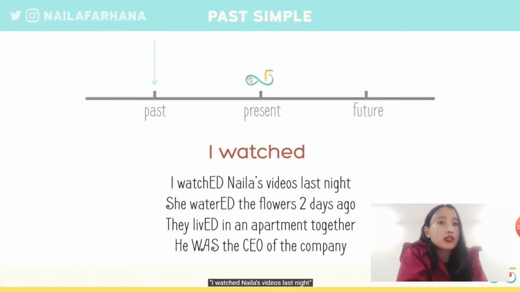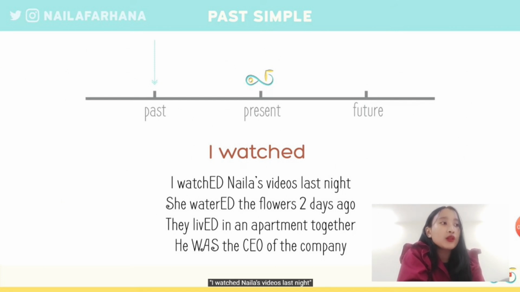Now, what is the difference between simple past tense and present perfect tense? Of course, it's really different. Take a look at this diagram of simple past tense. Simple past tense is only talking about something that happened in the past, only in the past, and doesn't have any connection to the present time.